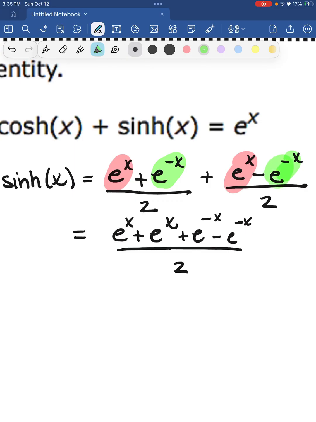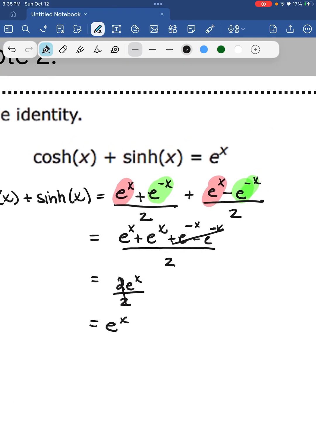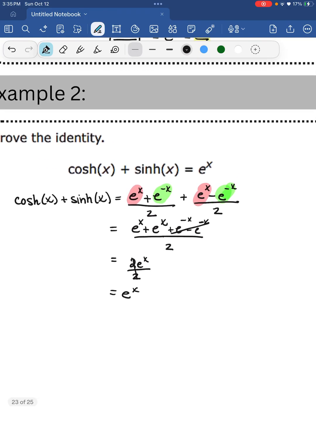We're going to use the definition of sinh and cosh to see if we can come up with it. I'm going to go with the right side here, because usually the harder side is the one you start with, and in this case it looks to me to be the right-hand side.